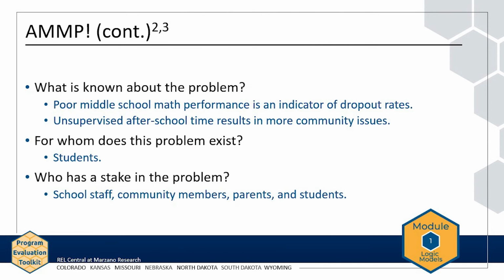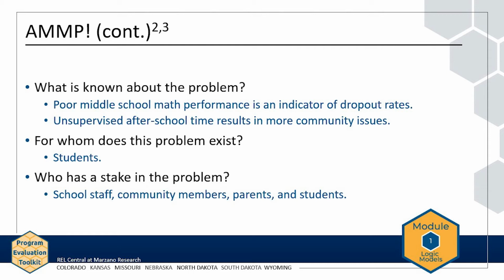The research suggests that poor math performance in middle school is associated with low graduation rates. Additionally, unsupervised after-school time can contribute to more community issues, such as vandalism. The problems that the community has been experiencing could be related to unsupervised after-school time for middle school students.